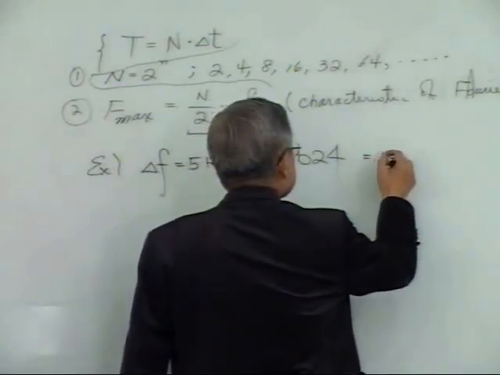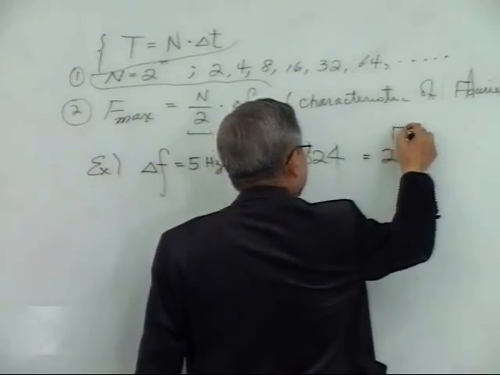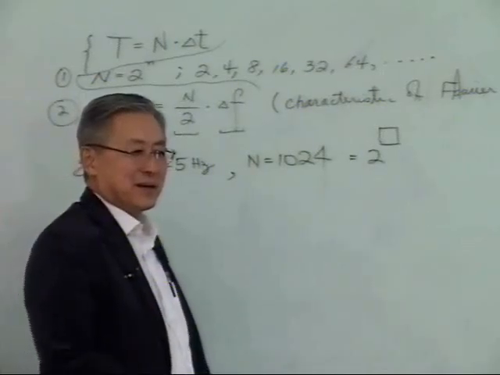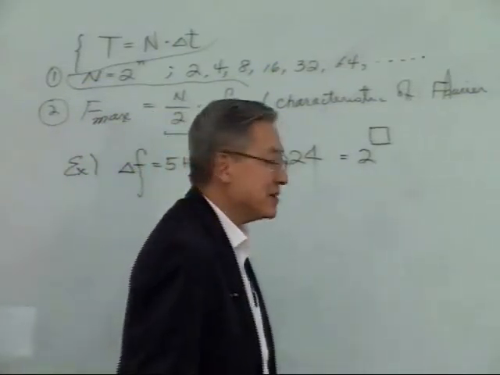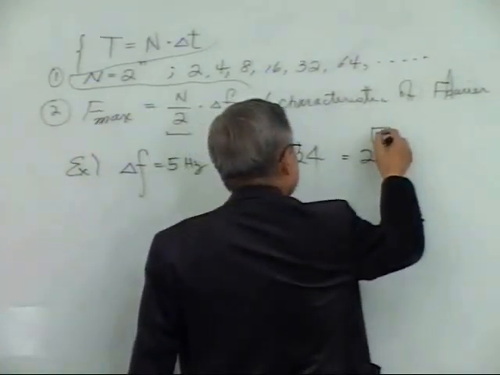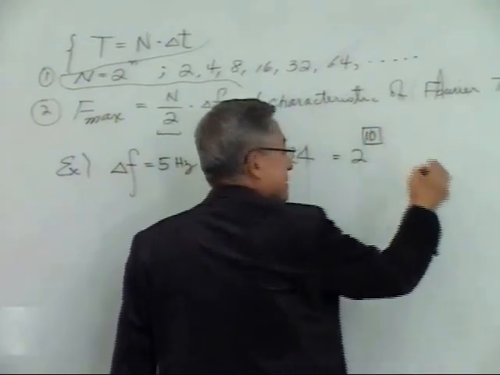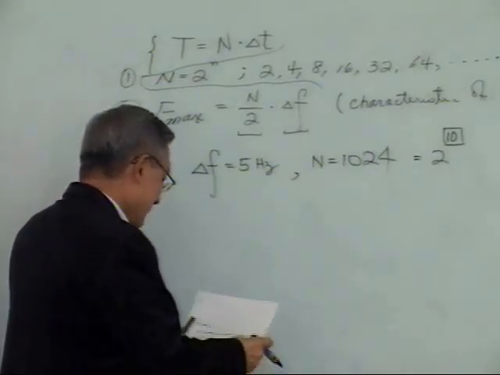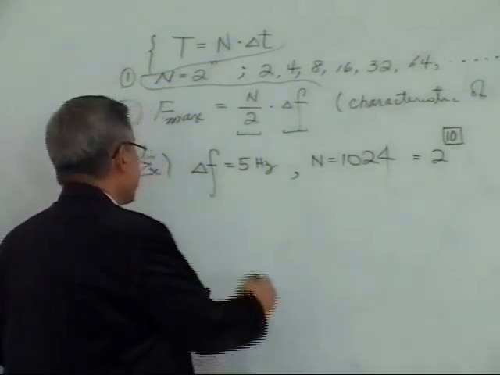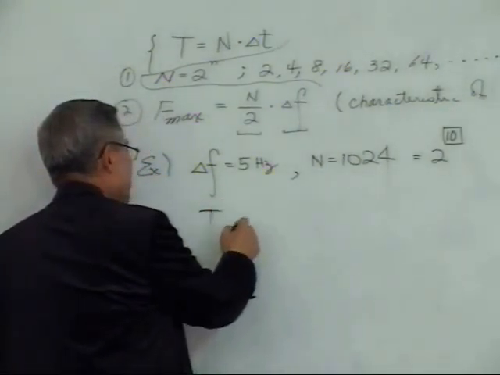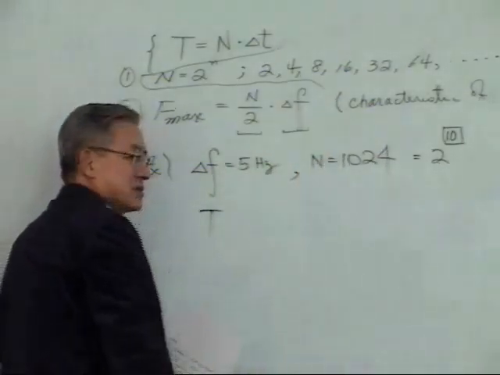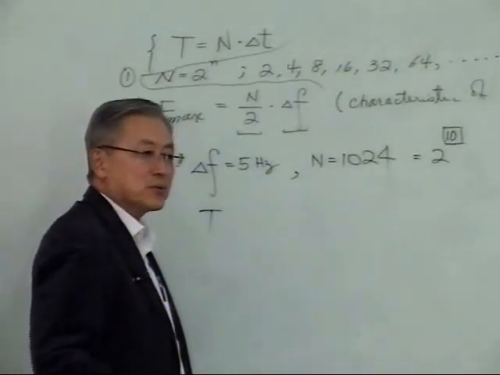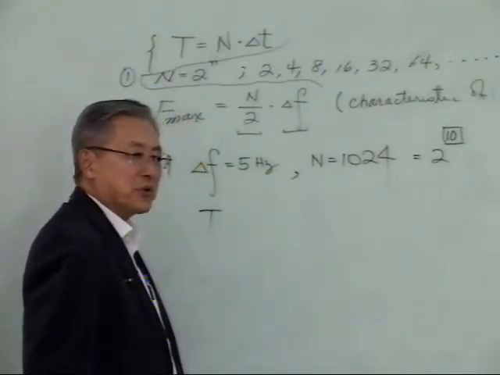1024 is 2 to what power? I forgot, that's why I'm asking. 10? Is it correct? It's 2 to the 10 power. Okay. Then what's the total time? If you set this, then the following quantities are automatically determined.